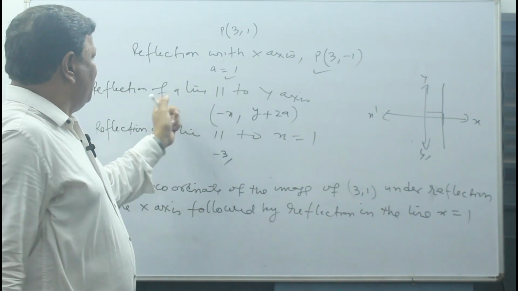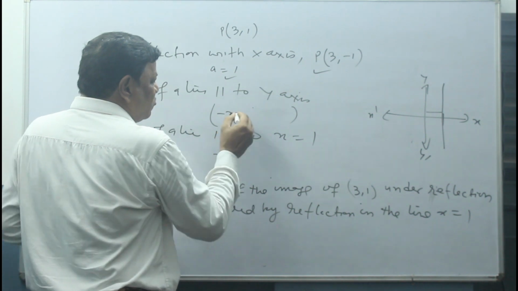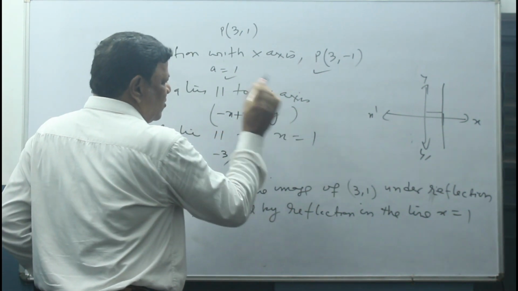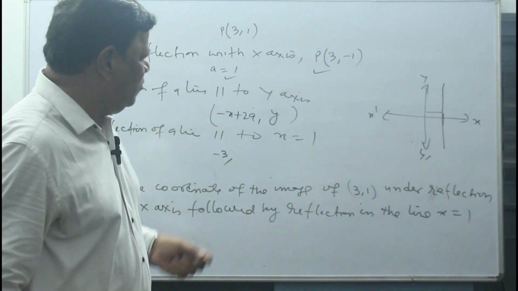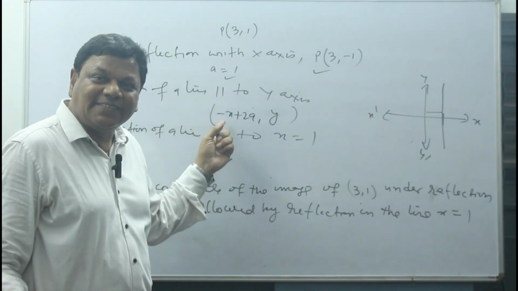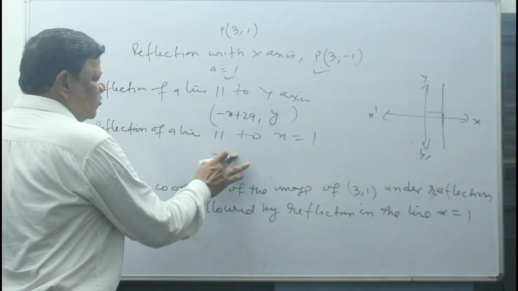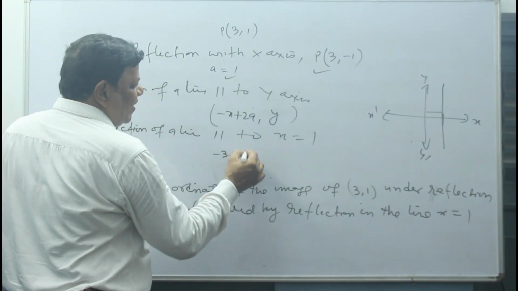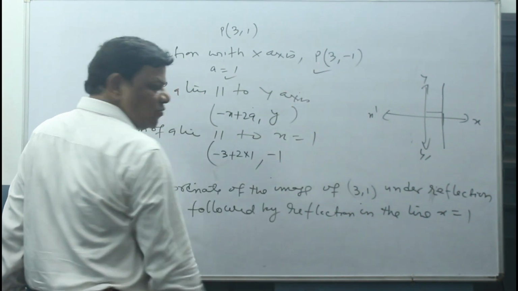Wrong here, because parallel to the y-axis means the sign of x will change, and with that 2a you have to add, not with this. Okay, clear this? Rectify all of you. Wherever sign is changed, there 2a you have to add. So minus 3 plus 2 times a, what is a? 1, and y write the same thing, y given minus 1.